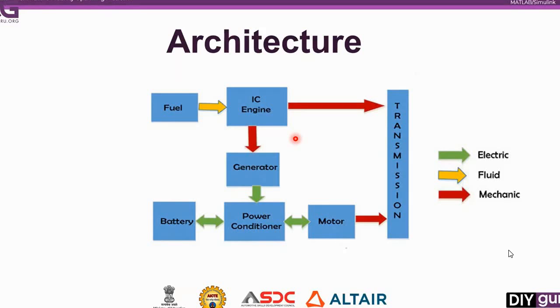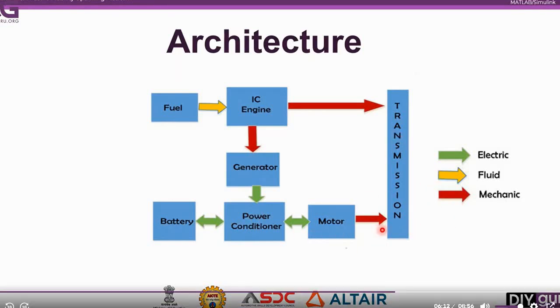At 40 kilometers per hour we don't need as much power as compared to the 80 kilometers per hour mark. So the remaining power which is being generated, which could have been utilized if we were moving faster, will be sent to the generator unit to convert that mechanical energy into electrical energy, and that will be stored in the battery. And again, if required, the motor can draw the energy from the battery source and utilize it for the transmission.